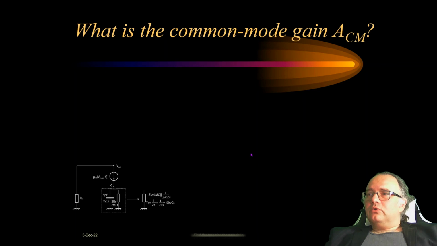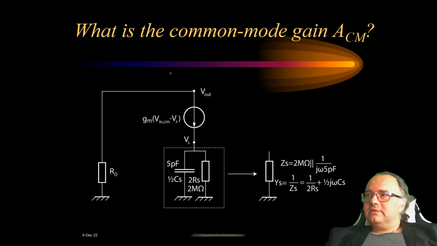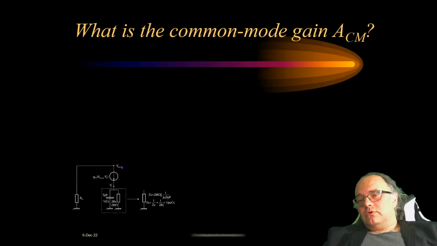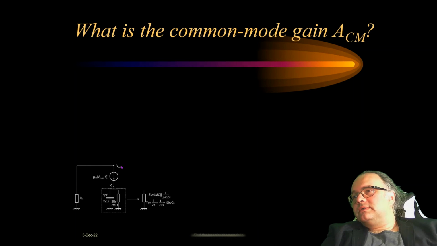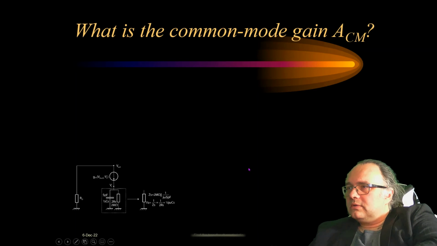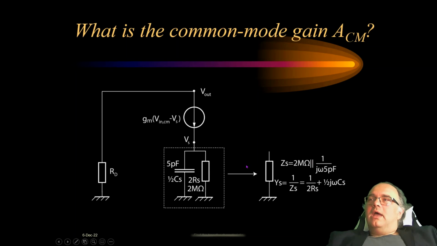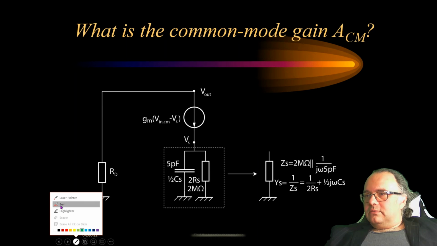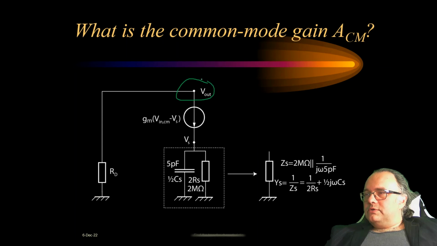Now I want to find the gain from this circuit, and this will be my common mode gain. So all I need to do is write the Kirchhoff current law. Basically I need to solve this small signal equivalent circuit. The approach will be to write the Kirchhoff current law for this node here, and then for this node also.